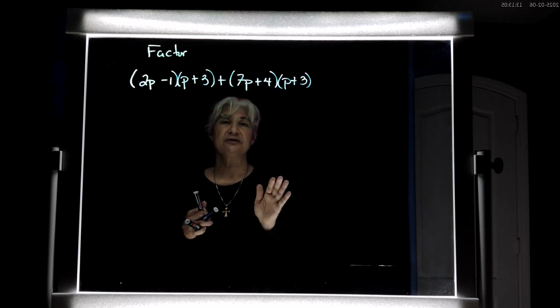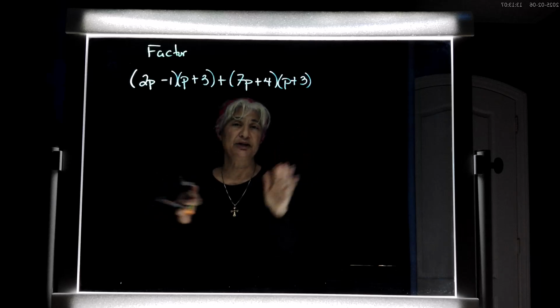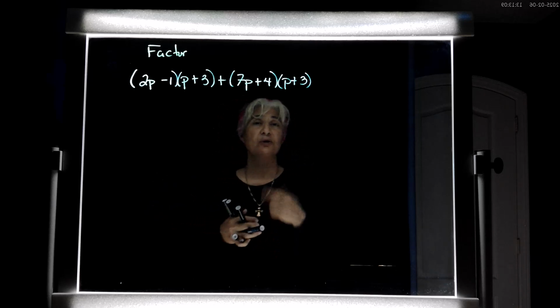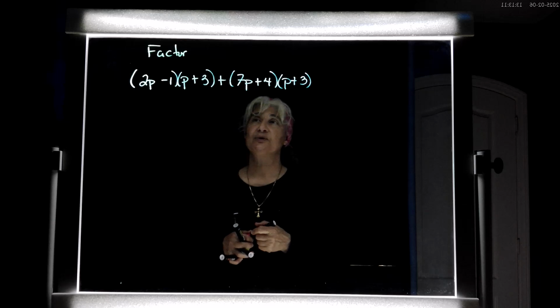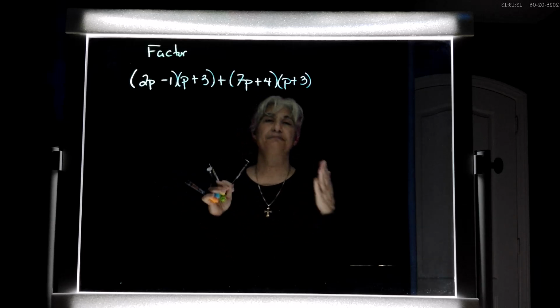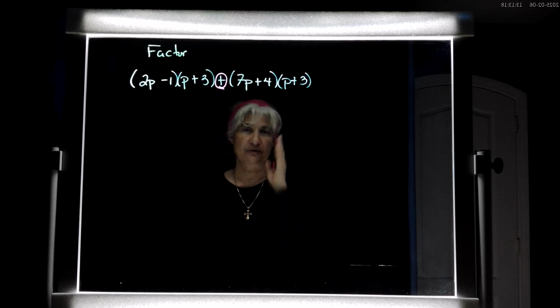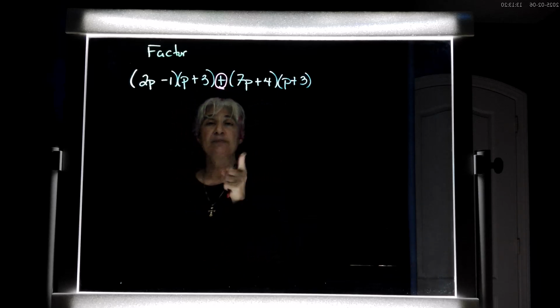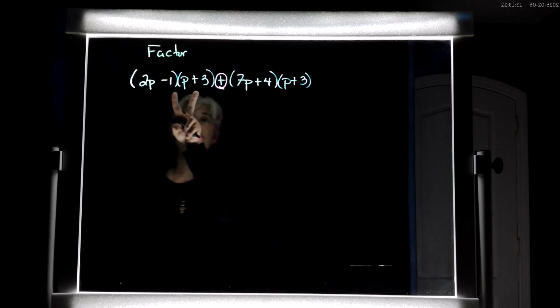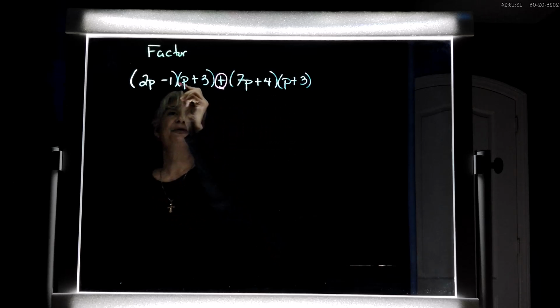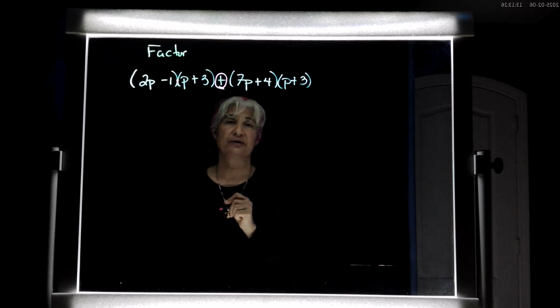So first things first. Before we factor, we need to decide how many terms we have. Now, some of you already know, and that's great, and others of you are not quite sure. This plus sign is right in the middle of everything, so that's what I'm going to focus on. To the left of the plus sign are two parentheses, and they're multiplied together.